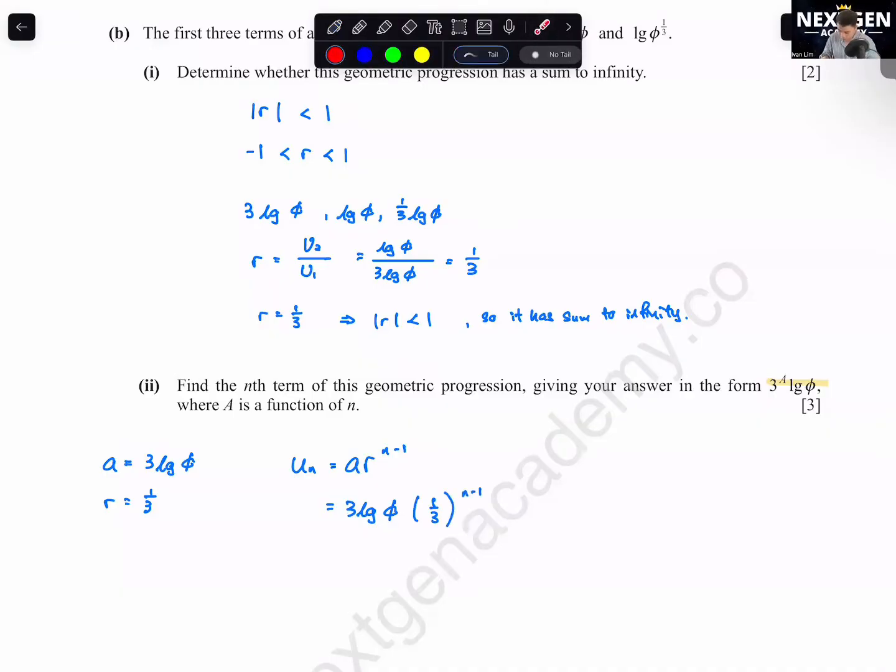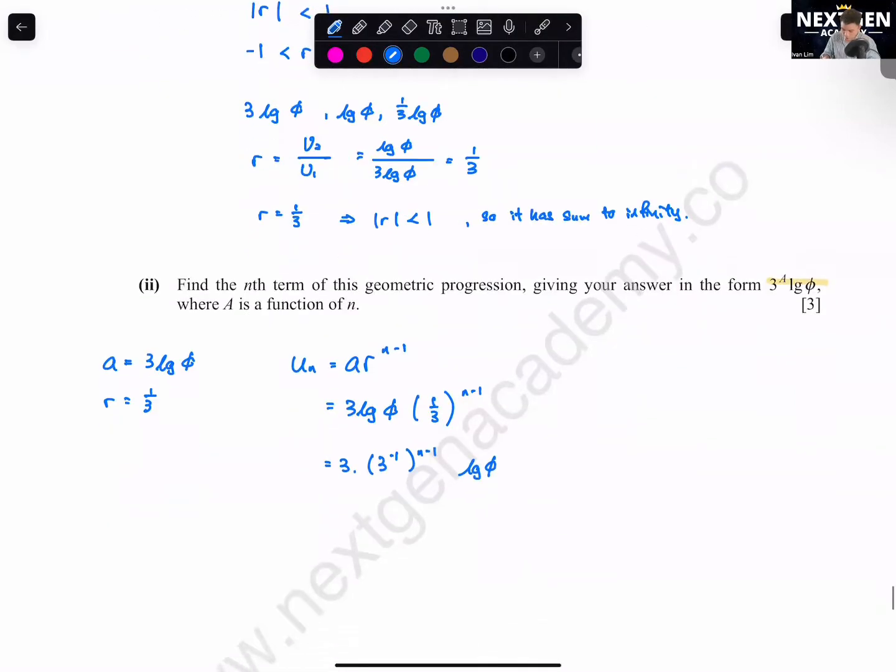So we look here. Log 5 is what we want. We put it at the back. That means I have to somehow simplify this whole part here. Can I simplify it? So we just change the position first. 3 times, okay, 3 to the 1 over 3 can be written as 3 to the power of negative 1, to the power of n minus 1. Then I put log 5 behind first.